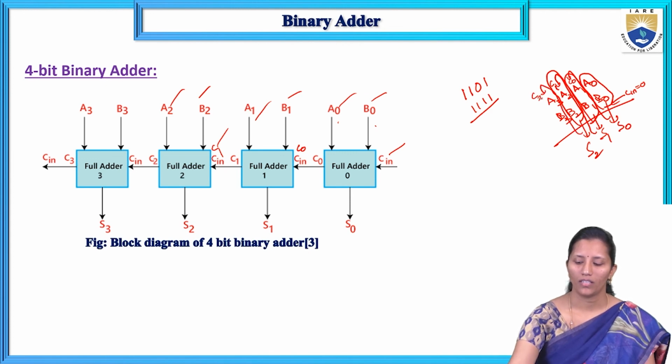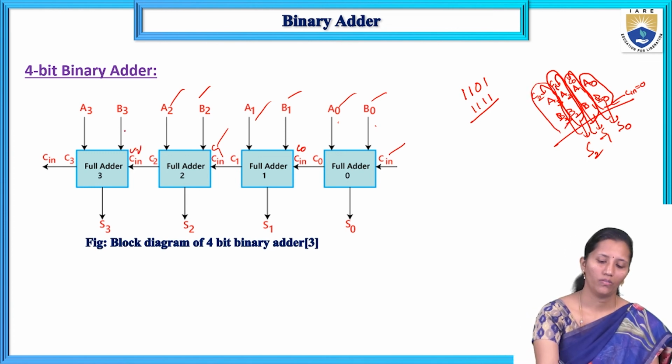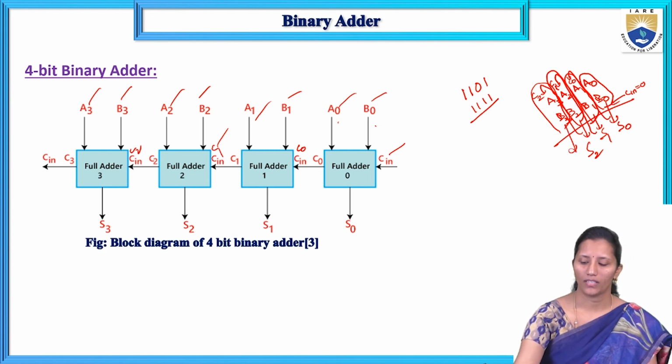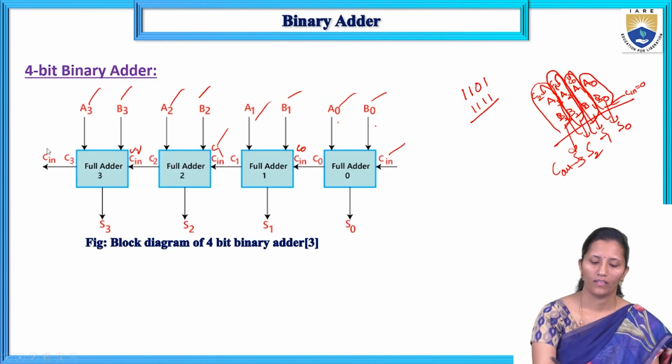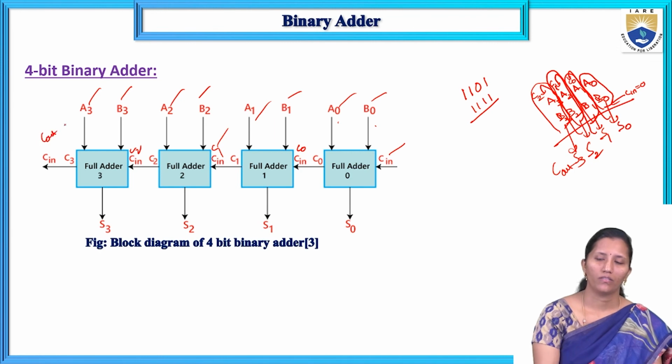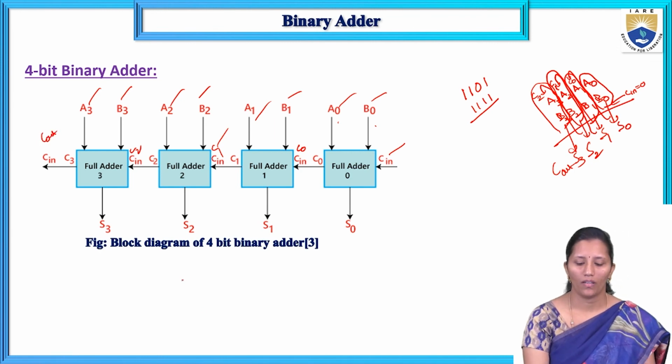C2, A3, B3 are the inputs to the next full adder. We get the output S3 and the final carry C out. So this is the basic block diagram of the 4-bit binary adder.